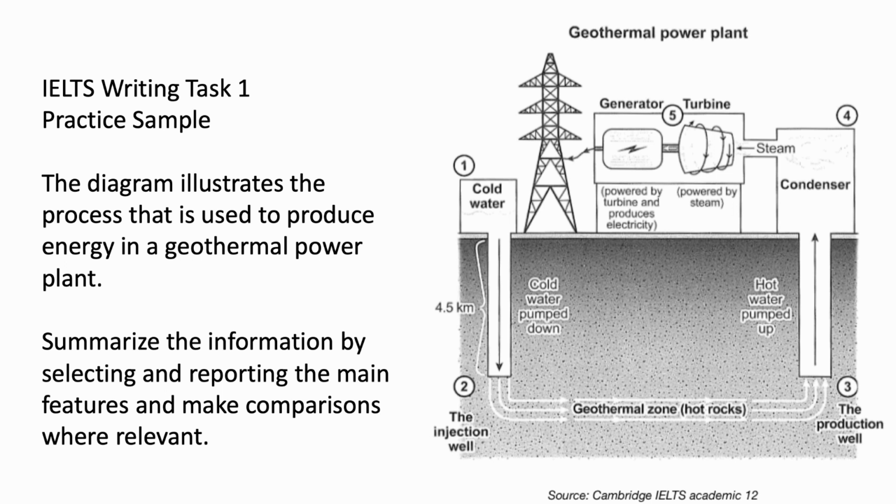This example shows a process, and it says in the instructions, the diagram illustrates the process that is used to produce energy in a geothermal power plant. Summarize the information by selecting and reporting the main features and make comparisons where relevant.